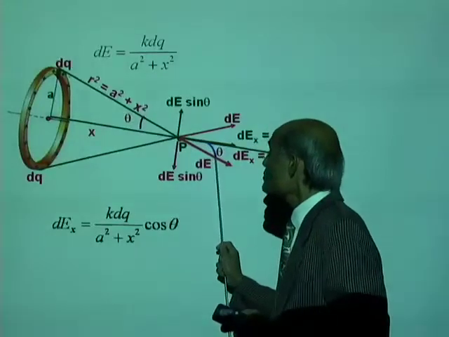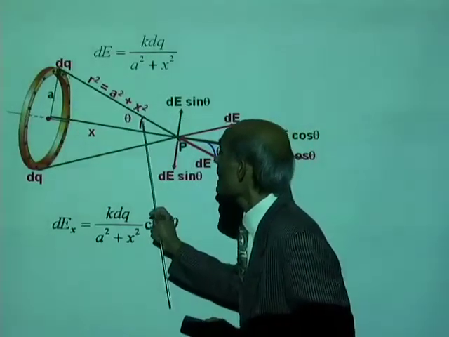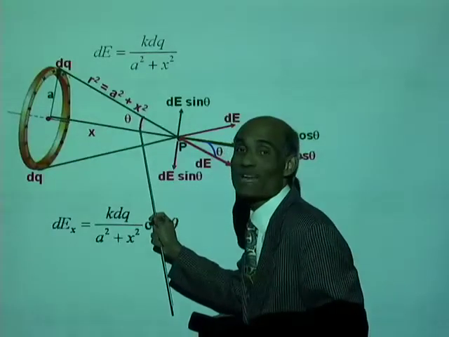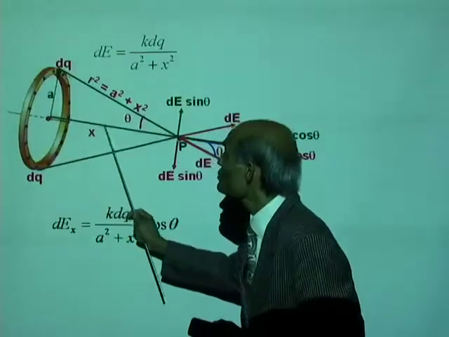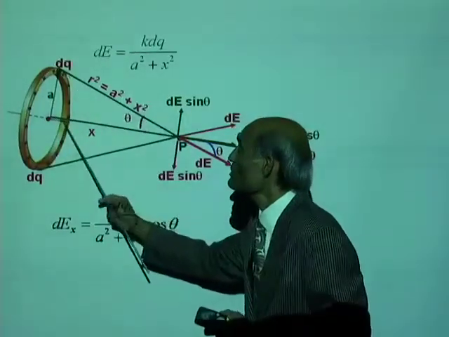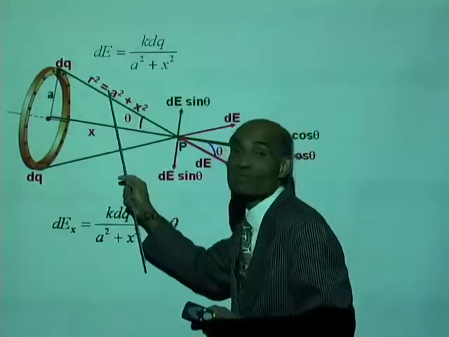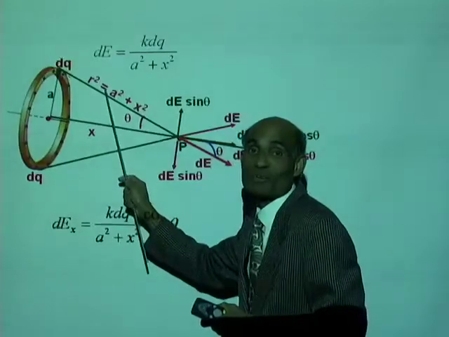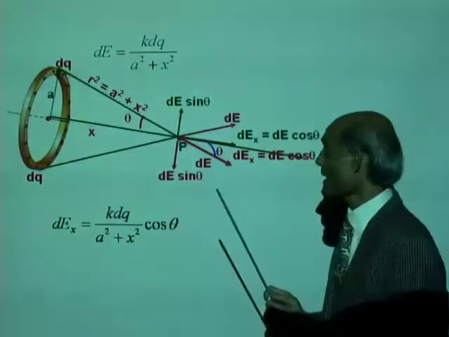If this angle is theta, then the angle opposite to that is also theta. What is cos theta? Cos theta is adjacent side divided by hypotenuse. Adjacent side is x. Hypotenuse is the square root of r squared, which is the square root of a squared plus x squared.